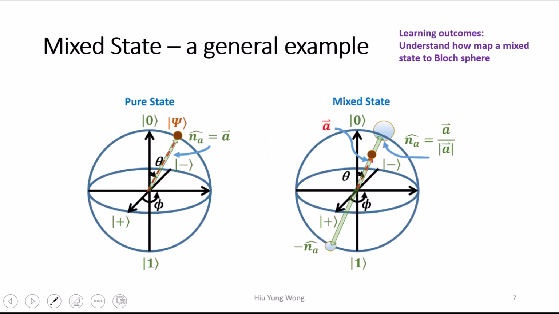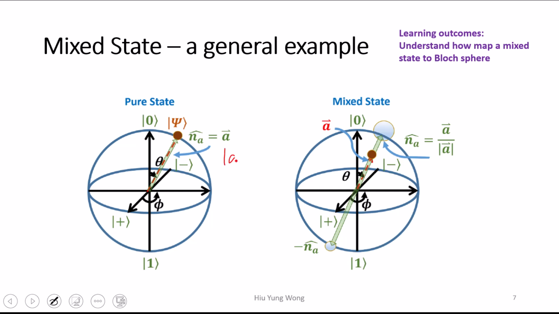This is difficult to understand. Let's take a look at this figure again. I hope that I can explain it clearly. On the left, it is a pure state, and we already learned that this A is the Bloch vector. The length of A is going to be 1, right? Because it's a pure state.